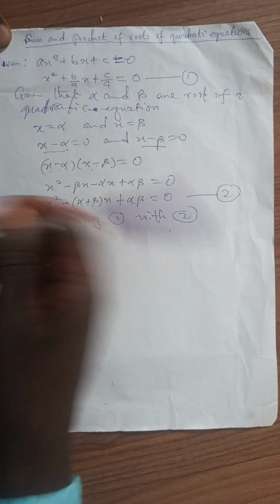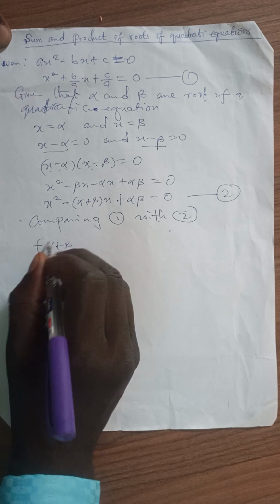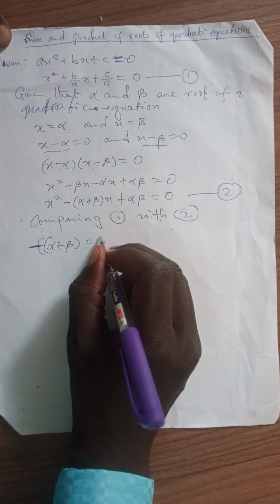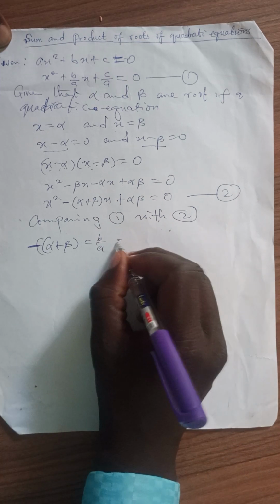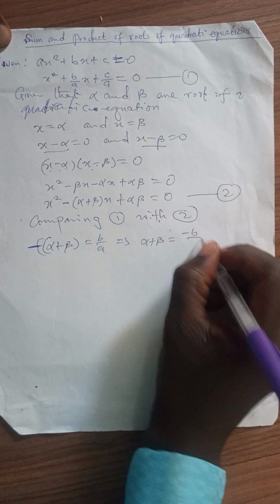Meaning minus alpha plus beta is equal to b over a, which implies that if you divide both sides by minus, alpha plus beta is equal to minus b over a.